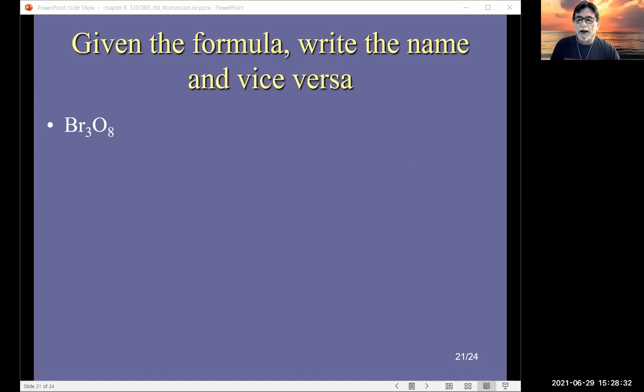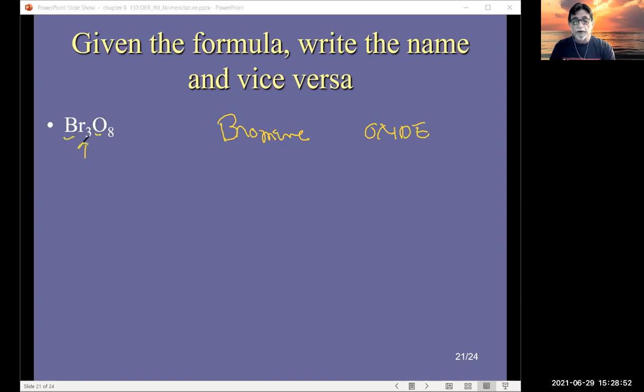And so to rehash, you're given the formula, write the name, write the parent name first, which is bromine, and then oxide. Okay, that's the parent name.